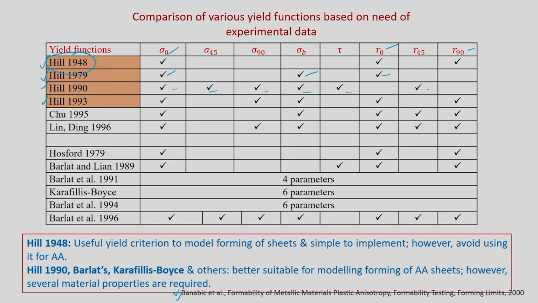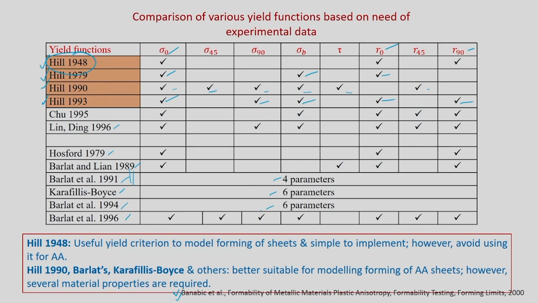For 93 also we said only 5: sigma 0, sigma 90, sigma B, R0, R90. There are several other yield functions you can look into. Various yield functions: Hill 1979, Barlat himself has 2-3 important yield functions. You can see that 1, 2, 3, 4 and KB is also there. There are 4 parameters in this, 6 parameters.